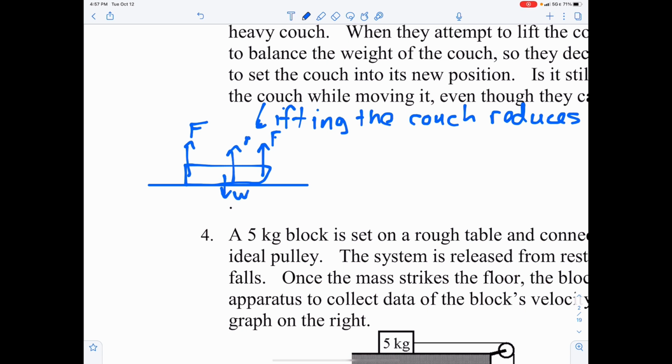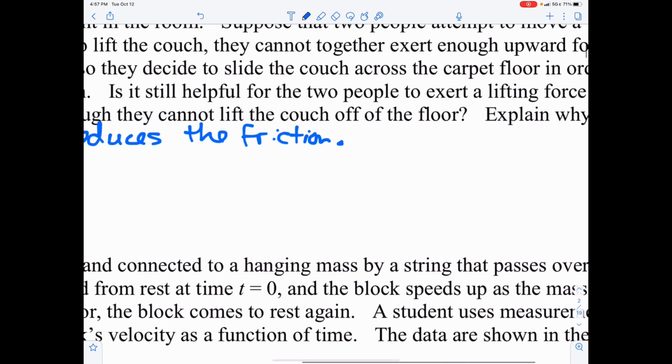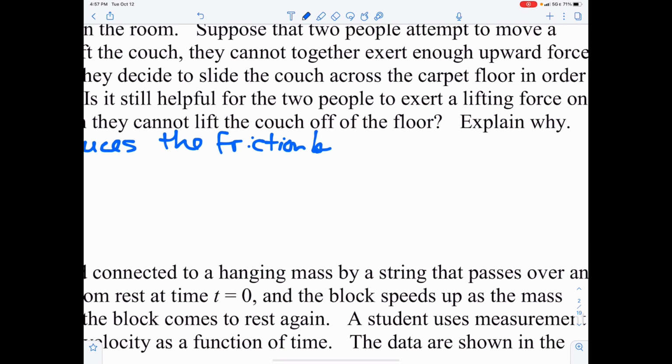You've got the normal force exerted up from the floor, and friction is equal to mu times normal force. So if you provide an upward force while you scoot it across the floor, you're going to lessen the normal force, which means you'll lessen the amount of friction. So yes, this is a helpful approach. Lifting the couch reduces the friction because it reduces the normal force.